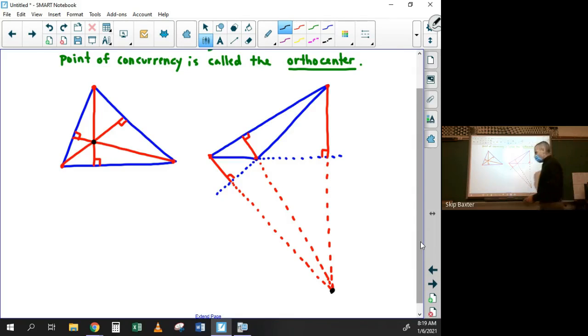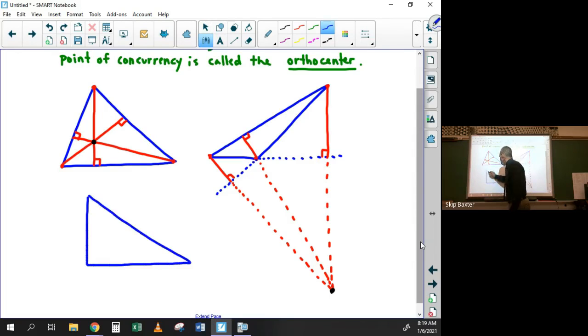And if I have a right triangle, where's the orthocenter going to be? Any predictions? What do you think? Where's the orthocenter going to be in that triangle? Precisely, right at the right angle.